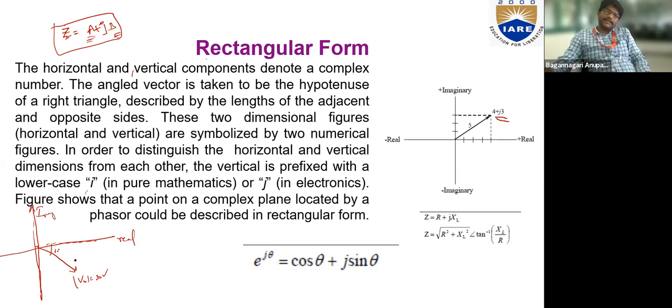Now I can split this into two parts, 1 and 2, right? Suppose this is some value x and this is some value y. So how do I represent the vector V2 now? Vector V2 can be represented as x plus jy. As simple as that. Am I clear?